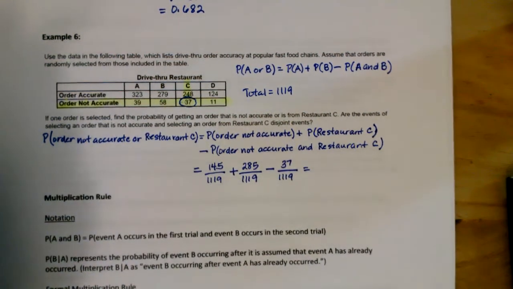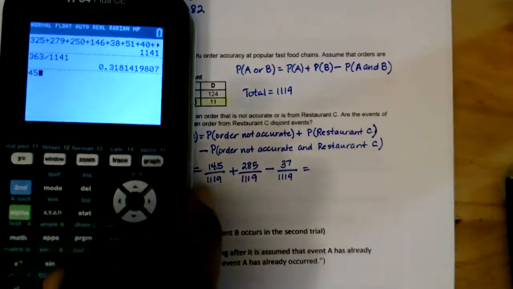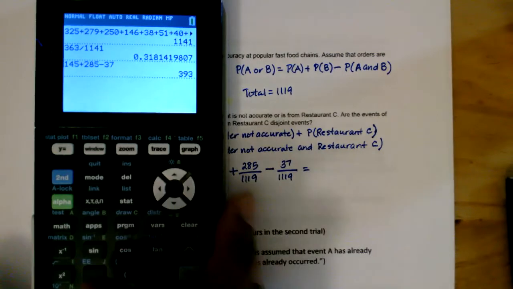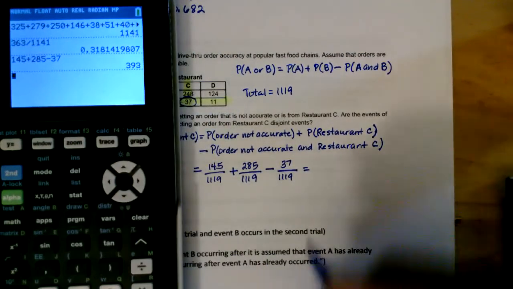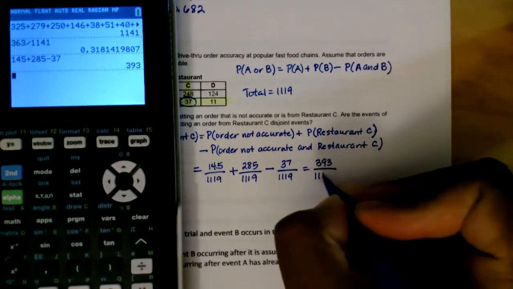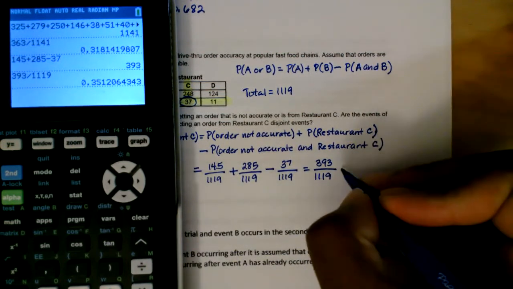So all we have to do there is add 145 and 285, subtract 37 from that, you'll get 393. That's the numerator. This is over 1,119. And they want this as a decimal too. So if I do 393 divided by 1119 to 3 decimal places, this will be approximately 0.351.